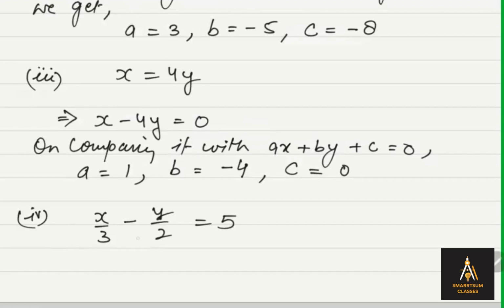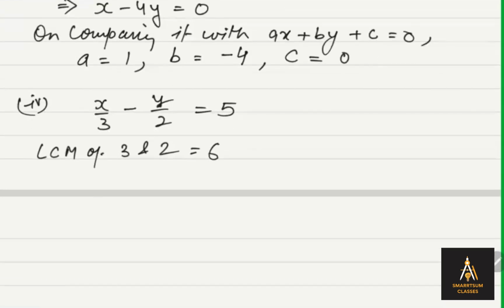What is the LCM of 3 and 2? LCM of 3 and 2 is 6, right? So to remove this denominator, we will multiply each and every term here with 6. Because here we have fractional coefficients, right?